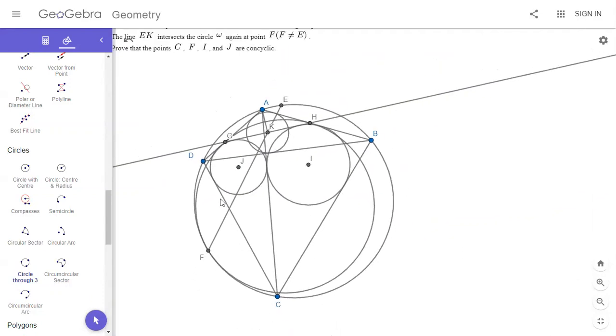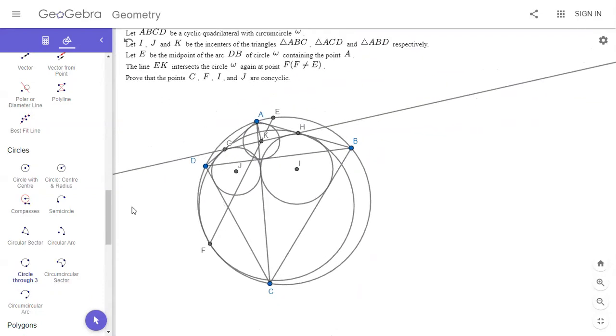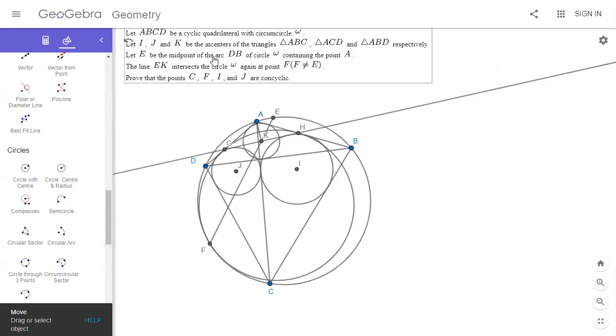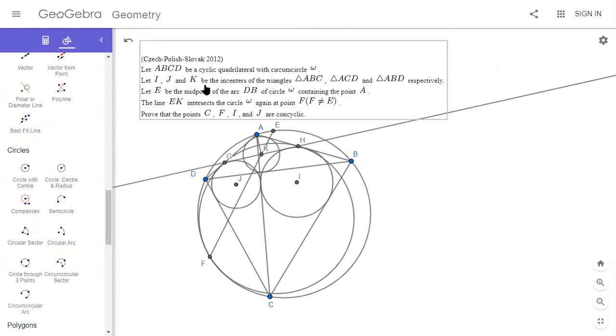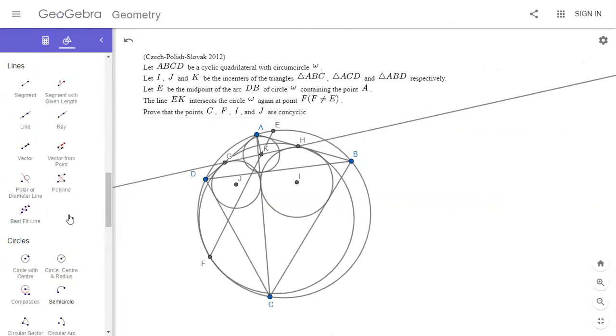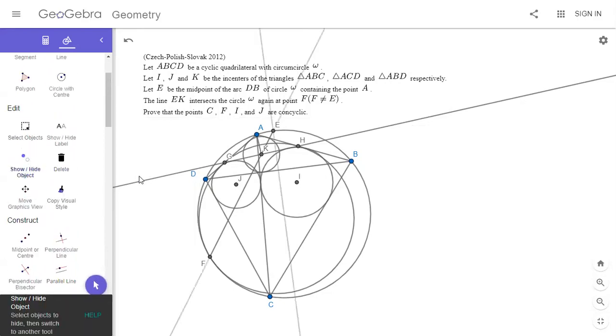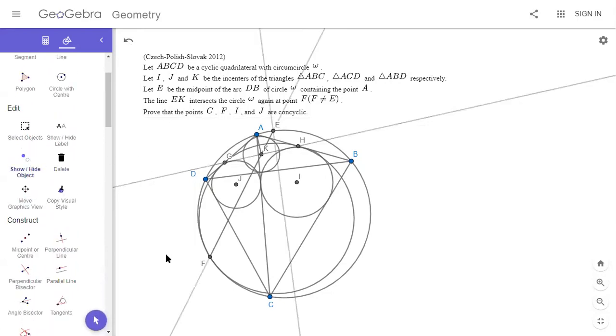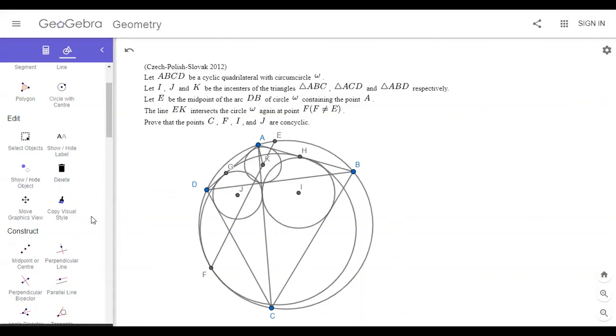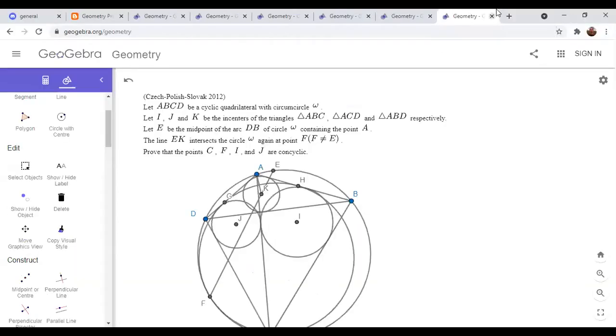That is my mixtilinear incircle. It's almost like the circumcircle, but it's the mixtilinear incircle. Okay. Whoops, didn't mean to do that.